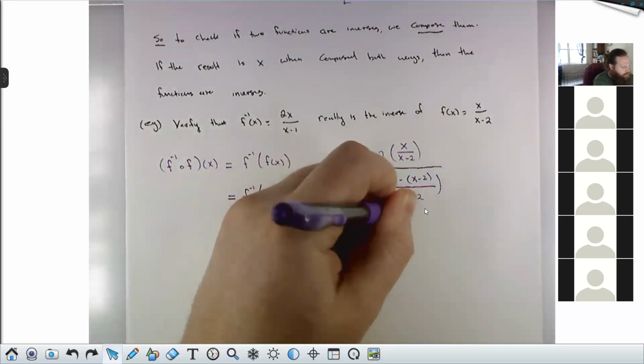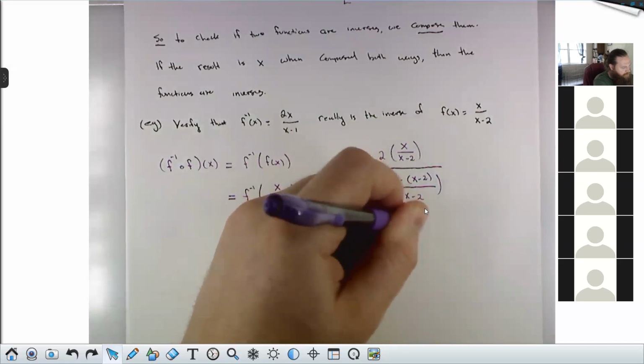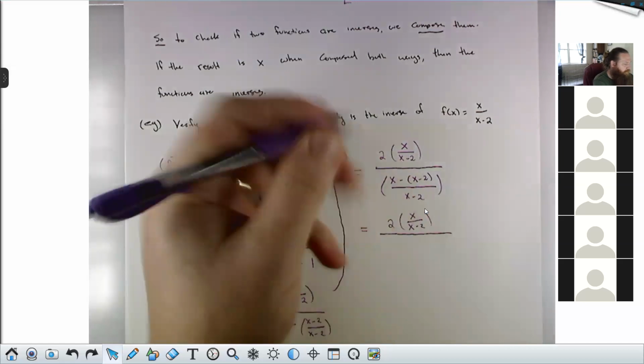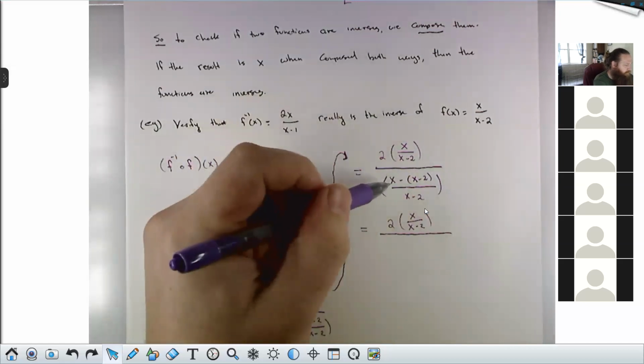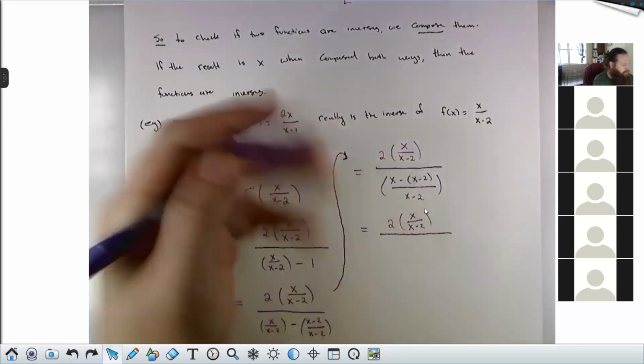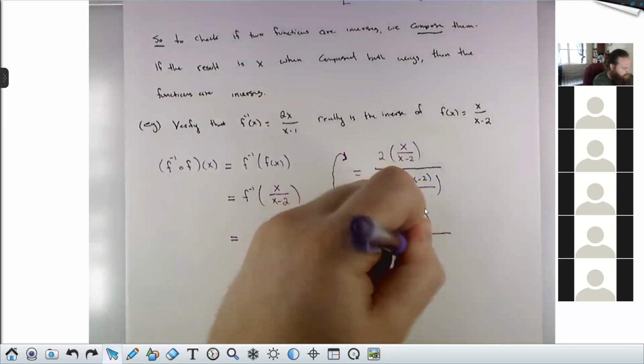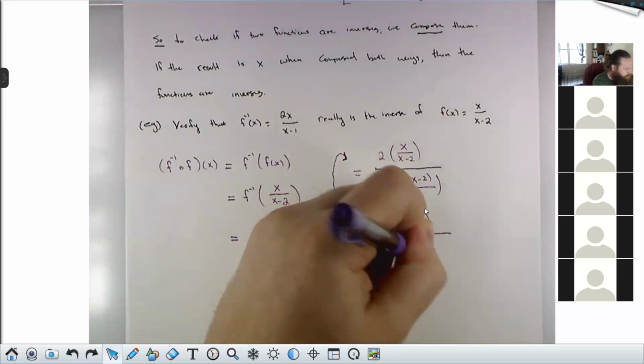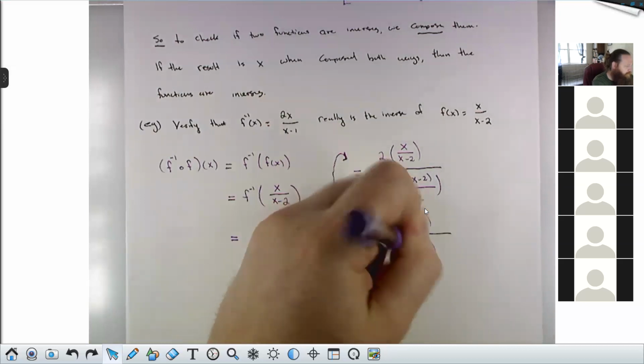I have 2 times x over x minus 2. That's my big numerator. My big denominator is x minus x, which is 0, plus 2. So that's 2 over x minus 2.